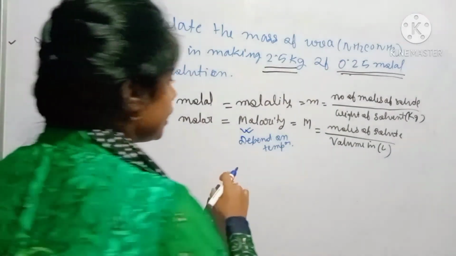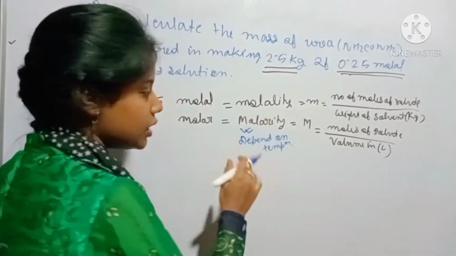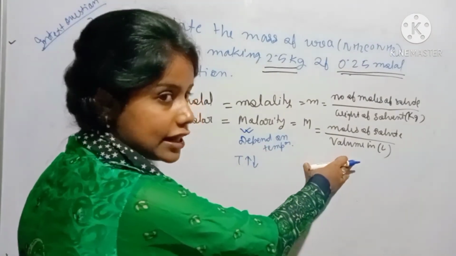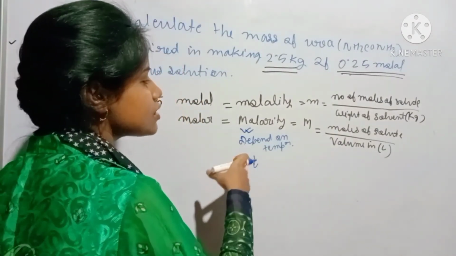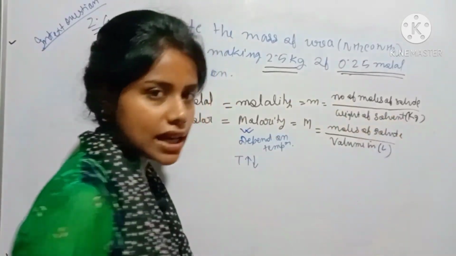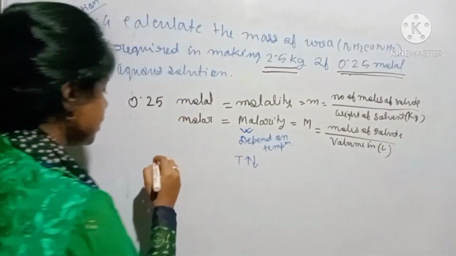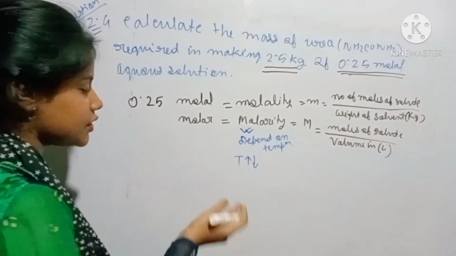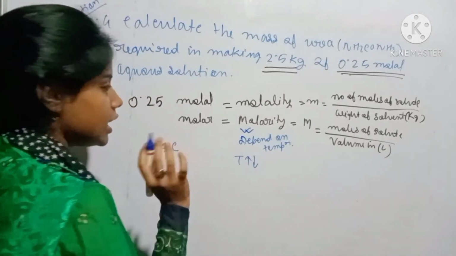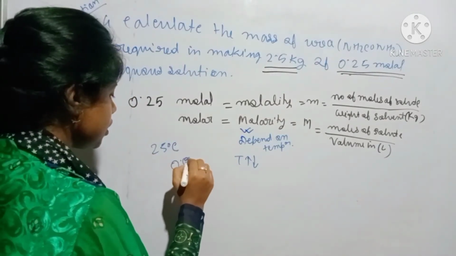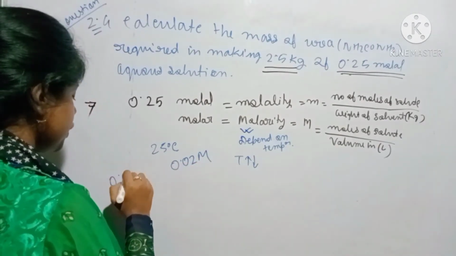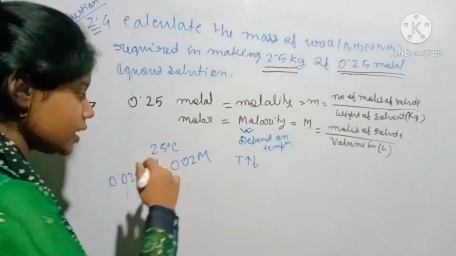We know that if we increase or decrease the temperature, then the volume will also change. But if you change the temperature, your weight remains the same. Let's say in your laboratory today the temperature is 25 degrees Celsius and you prepared a solution of 2 molal and a solution of 0.2 molal.